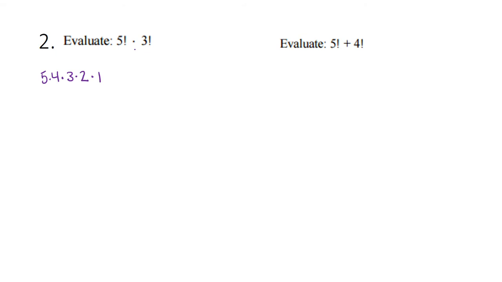But notice that in our first problem, we need to multiply. So you can either write it all out like this, or get your answer for 5 factorial and then multiply by your answer for 3 factorial. Gotta love the bell.